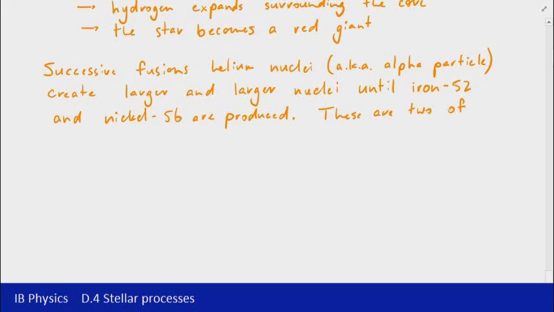Notice that I'm saying two of the most stable, not that they are the most stable. In fact, the most stable is nickel-62, but we don't worry about nickel-62 here because it's in fairly low proportions in stars. It's not all that abundant at all. So these are two of the most stable nuclides, having a very high binding energy per nucleon.